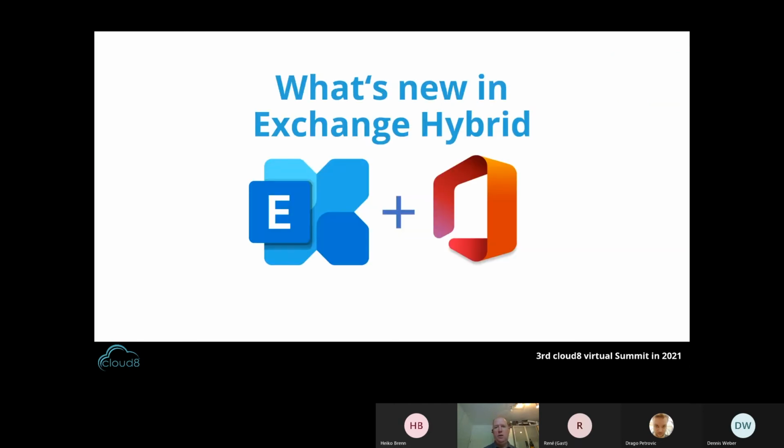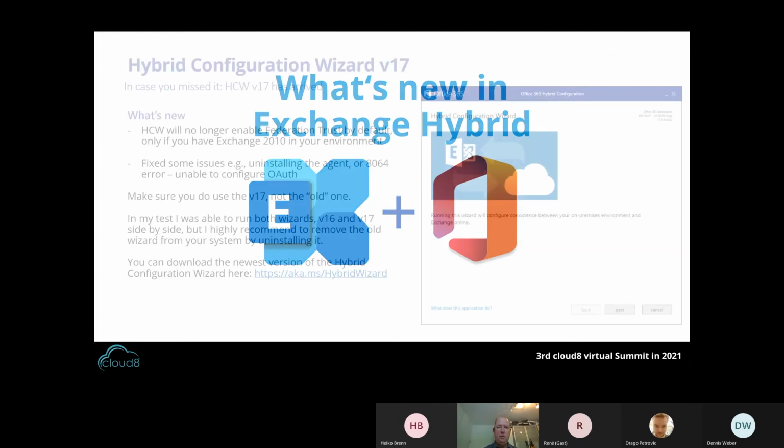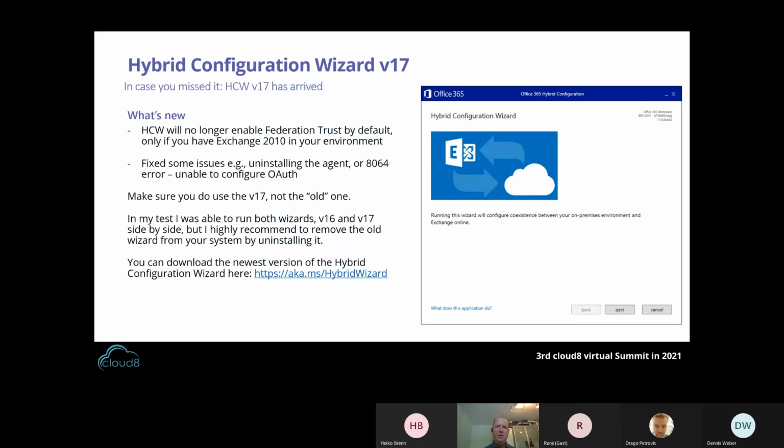So let's continue. Let's talk about what's new in Exchange Hybrid. So last year I talked in this area about the hybrid configuration wizard version 17. I hope everybody of you already upgraded to version 17. If not, basically you should upgrade by installing the new version 17 and removing the old version 16.